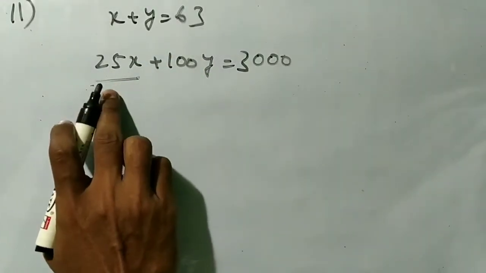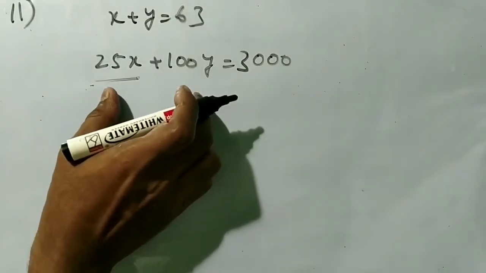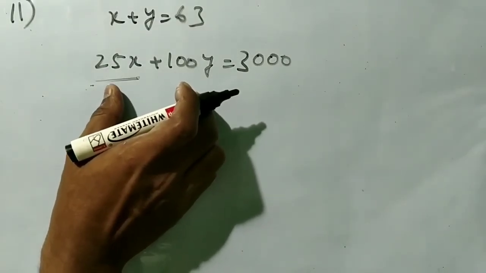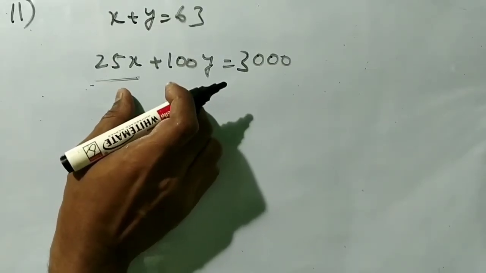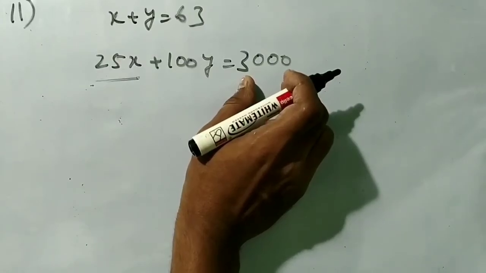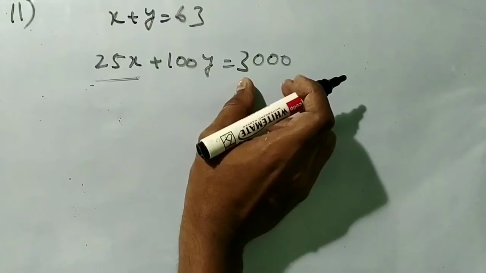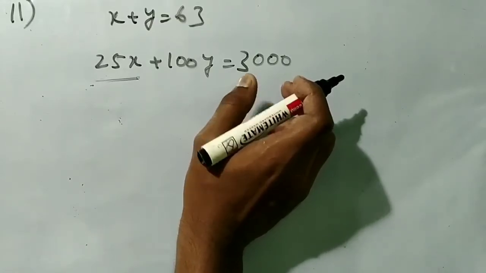If we add the first type and second type price cost together, all types, it costs 3000 rupees. So here 3000 is the cost of all prices, type 1 and type 2, that is 63 prices.